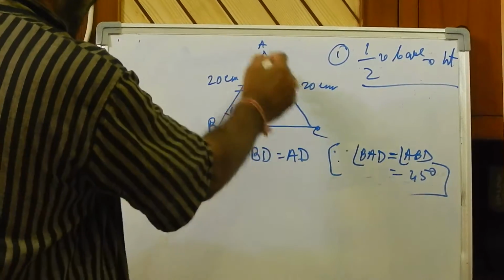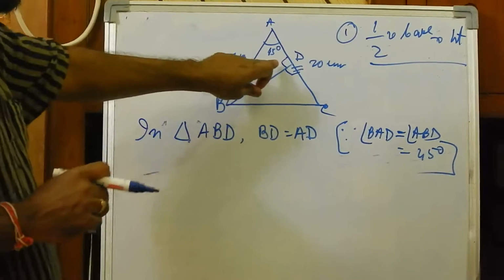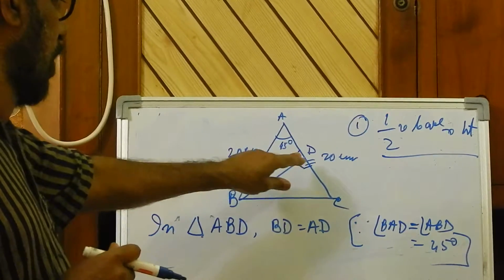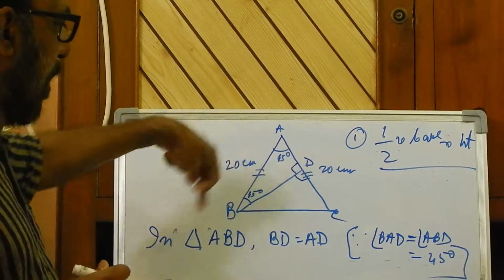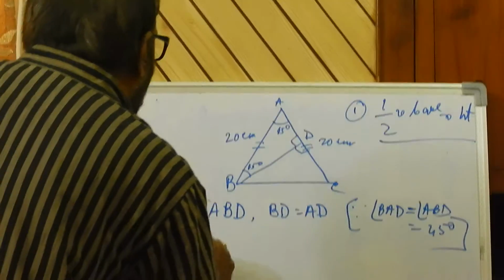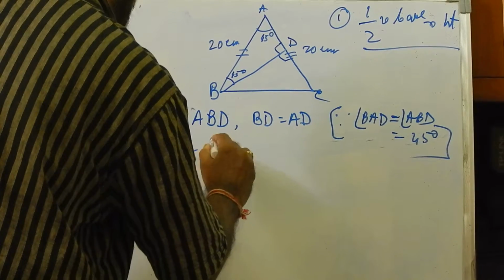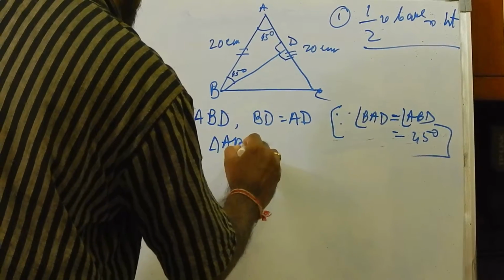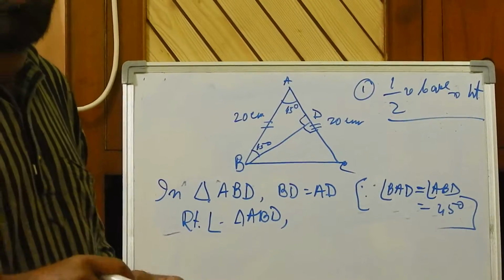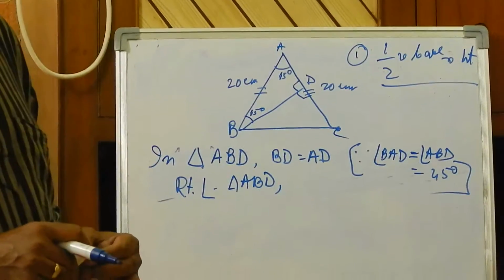So this is a right angle triangle ABD, because angle D is a right angle, AD is perpendicular, and AB is the hypotenuse. So for right angle triangle ABD, the universally accepted formula, you all know, is the Pythagoras theorem.